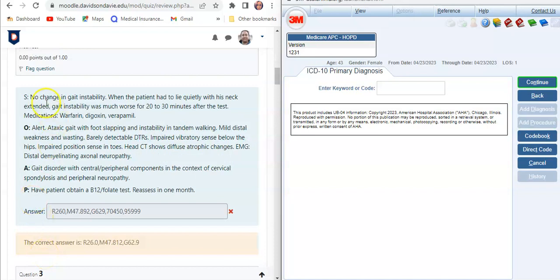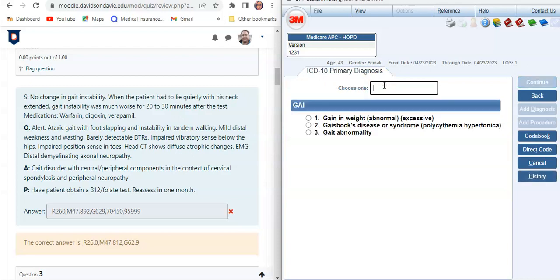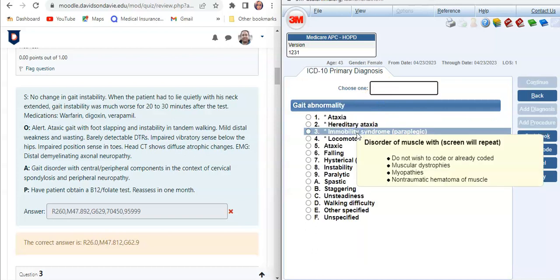Okay, so this one looks like the assessment is a gait disorder. When you look up at the observation, it says ataxic gait. So I'm going to go ahead and type in gait. Gait abnormalities.